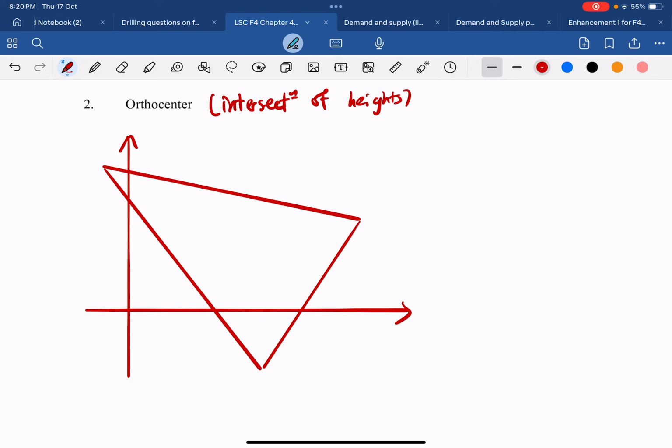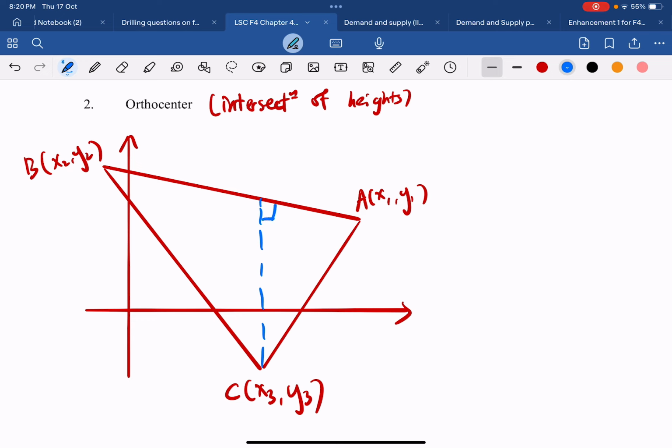Again, let's say this is A with coordinates x1, y1, and B is x2, y2, and C is x3, y3. We can have 3 heights, right, because a triangle has 3 sides. We can draw a height from C to AB first, and because it's a height, it must be perpendicular.